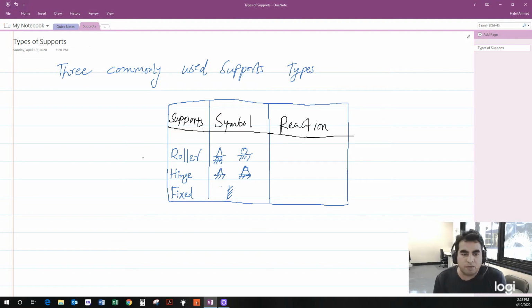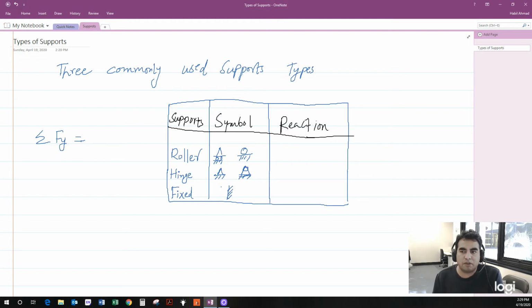Alright, so we will discuss the first type of support, which is roller support, and what it does. But before heading to the roller support, you may know that for an object to be in equilibrium in a two-dimensional system, it should satisfy the equilibrium equations.